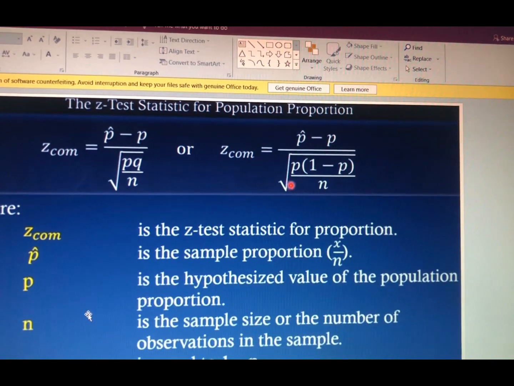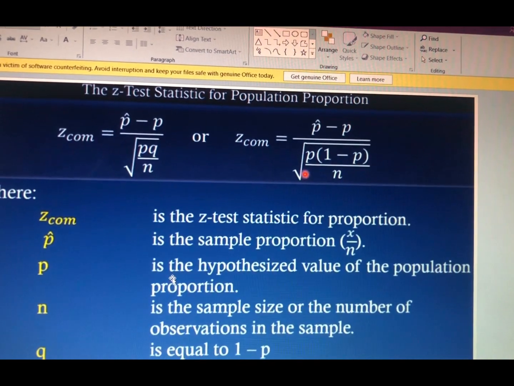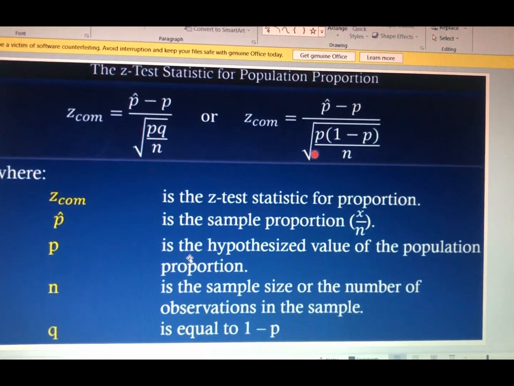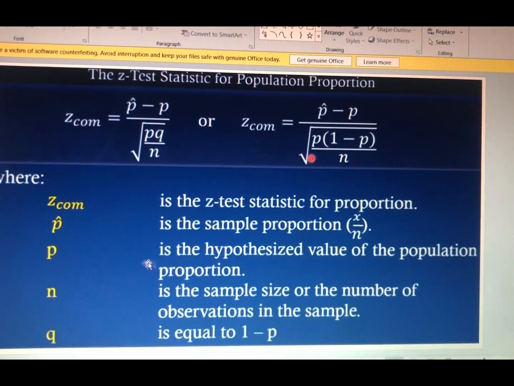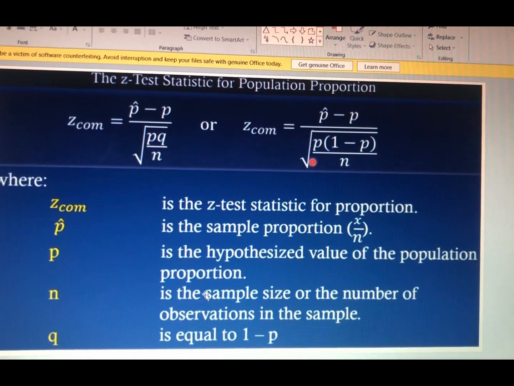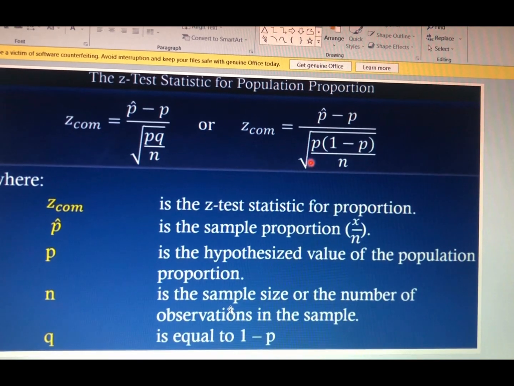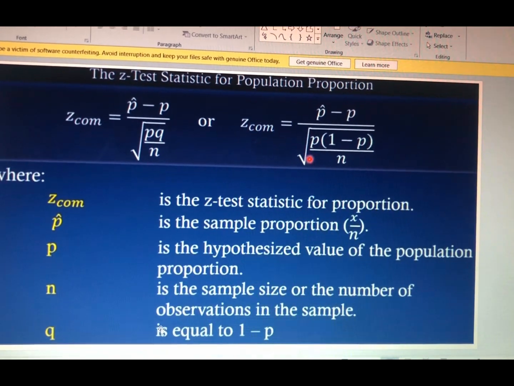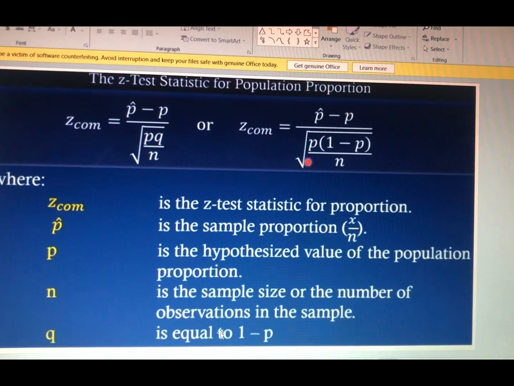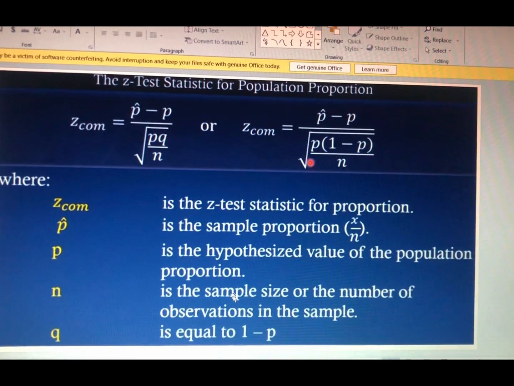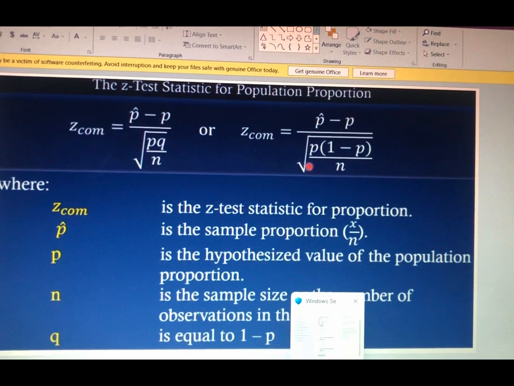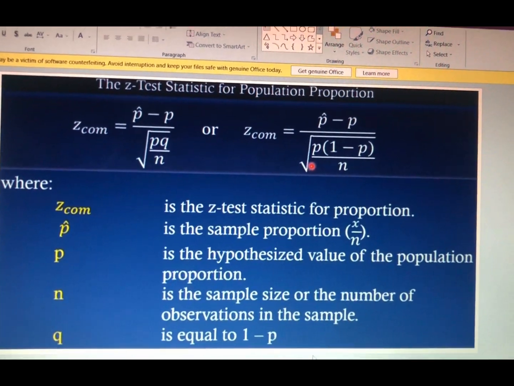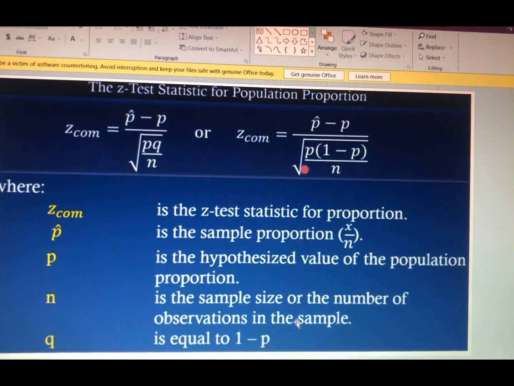And P is the hypothesized value of the population proportion. And N is the sample size, the number of observations in the sample. And Q is equal to 1 minus P. So, ito ang gagamitin natin for z-statistics for population proportion.